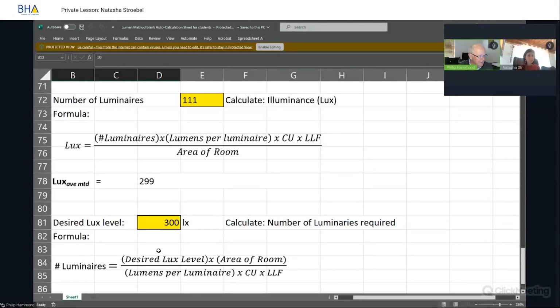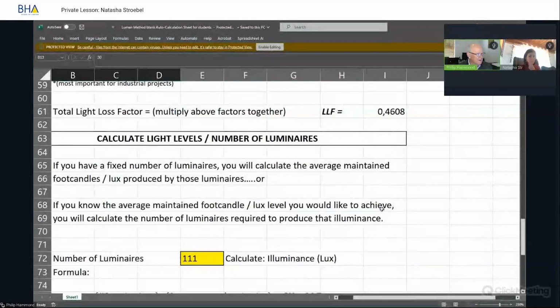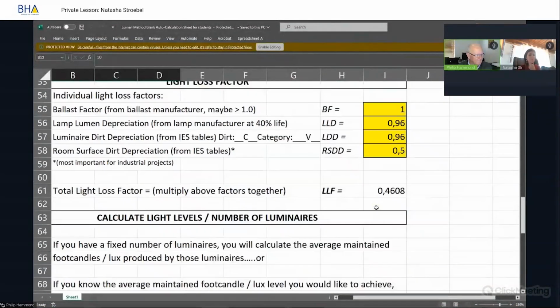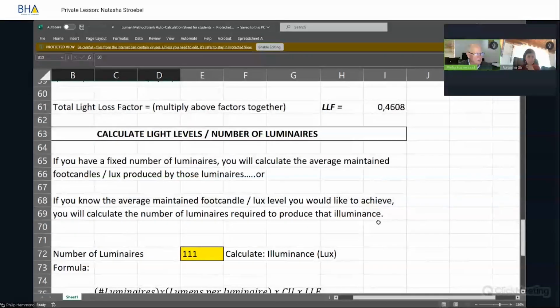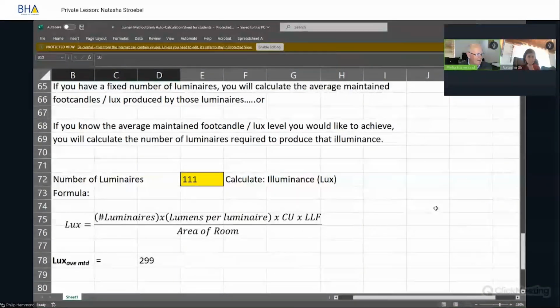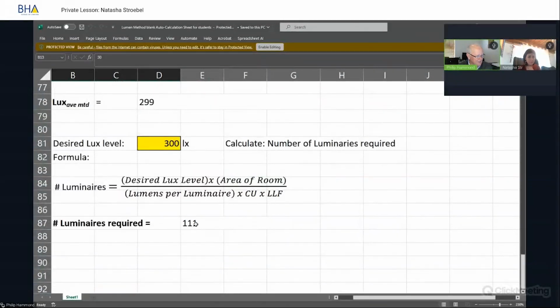So you take the 300 lux multiplied by the area of the room, the 550, divided by the lumens per luminaire, which is 3,136, multiplied by that coefficient of utilization, which was 0.78 in this example, multiplied by the light loss factor, which was 0.4608, and you will get a certain number of luminaires.